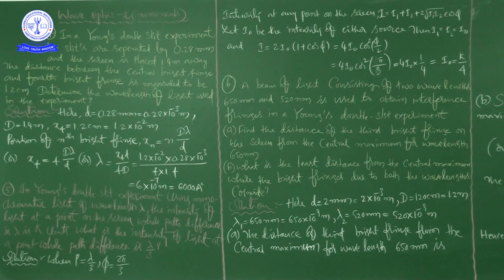I already told you it is a very important 5-mark question, and the formulas we have are important everywhere, whether 1 mark, 2 mark or 3 mark from the board point of view, and also from the NEET or mains point of view. The formulas we get in Young's double slit experiment are very important.